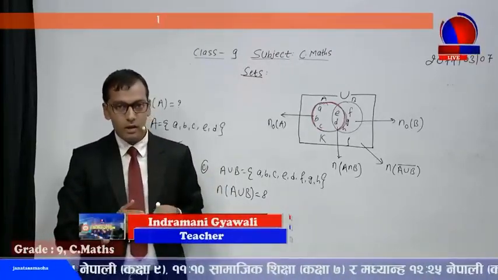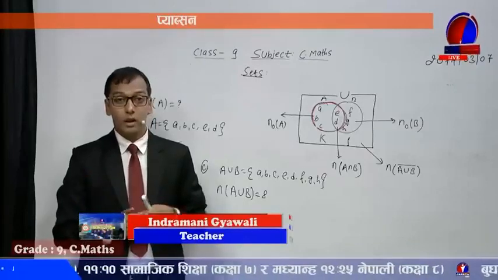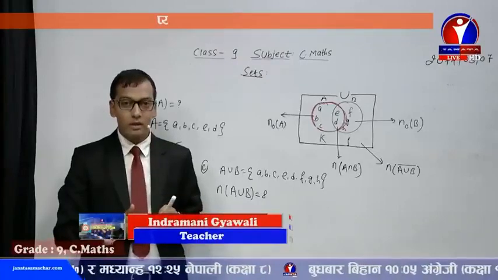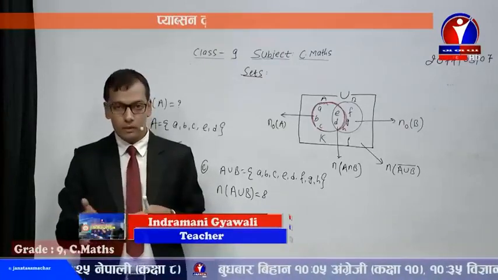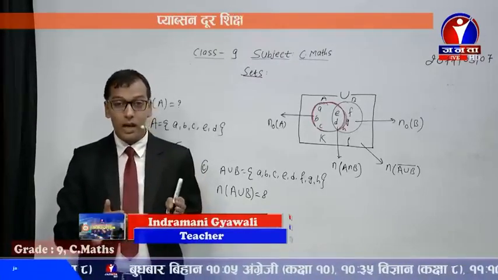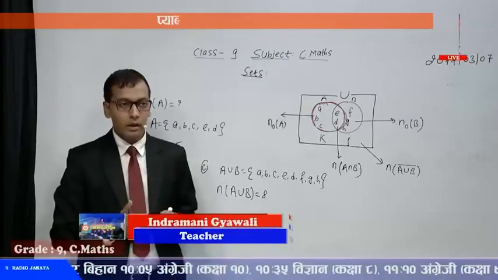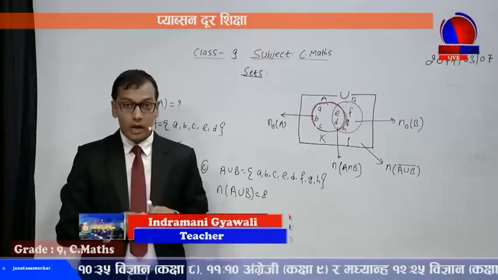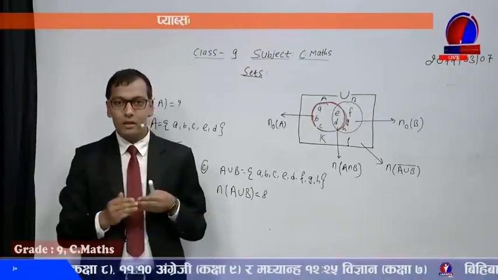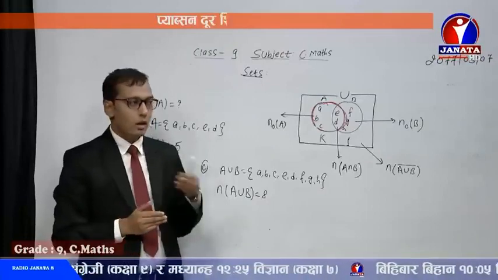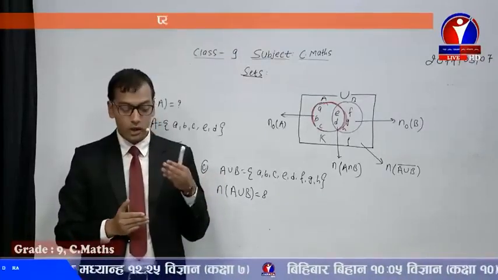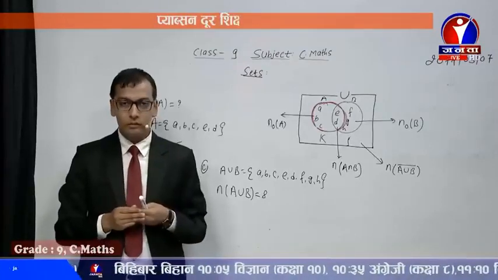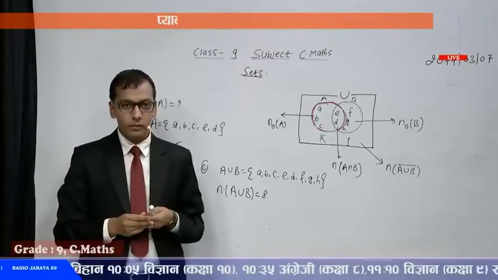Under set operations, I discussed 4 different operations: union of a set, intersection of a set, difference of a set, and complement of a set. And I discussed the cardinal number of a set. Similarly, I also showed the diagram for each set operation, and we talked about one question, and question number 2 I have given for practice work.